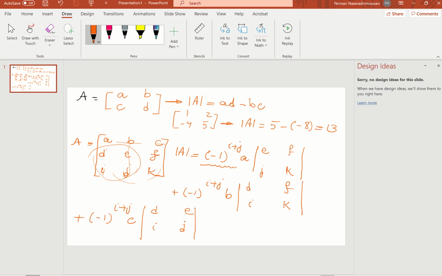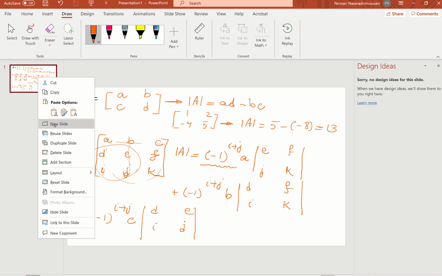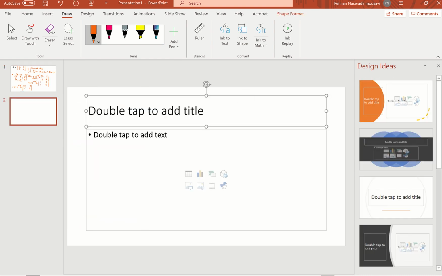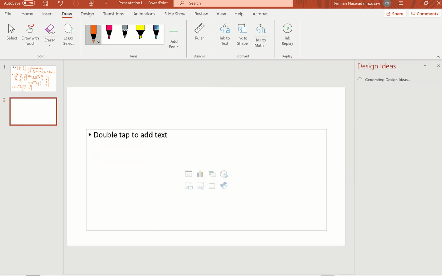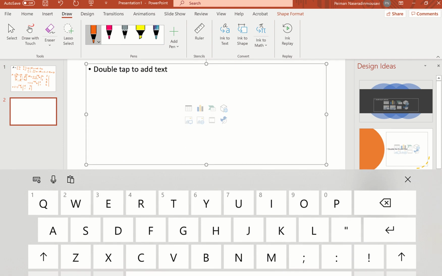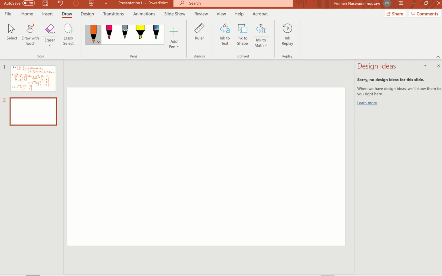So let me go to an example. The example is going to be this matrix: 1, 2, 3, then 1, minus 2, 3, and 3, 1, 2.